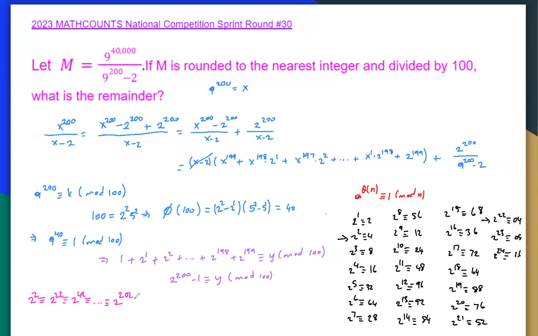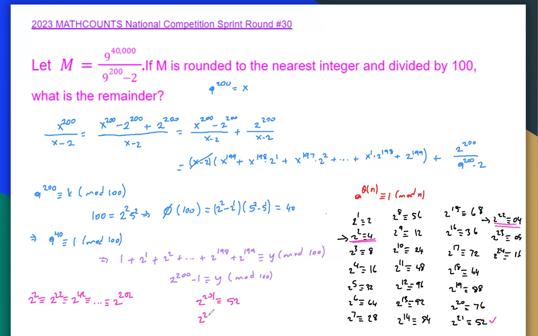So what we do now is we just need to go two numbers backwards. Since the pattern starts at 22 in my case, I like to go two numbers backwards. The previous number, the 21st power, is 52, which means 2 to the 201 is congruent to 52.